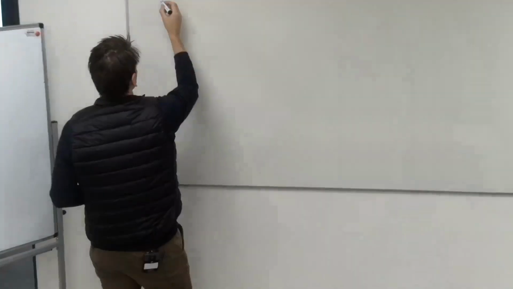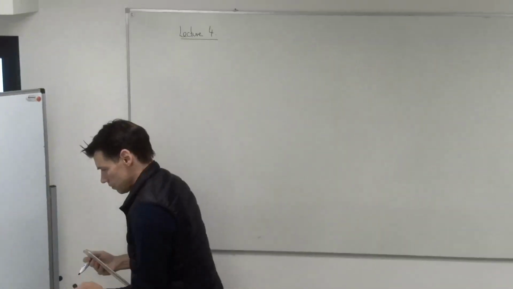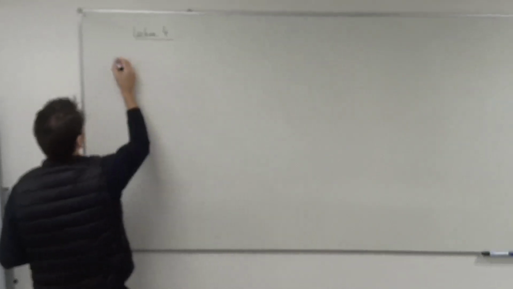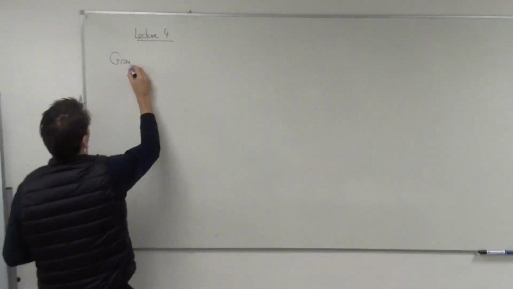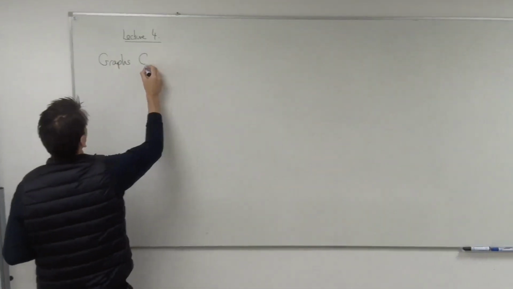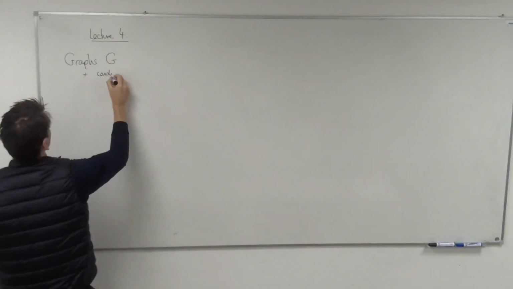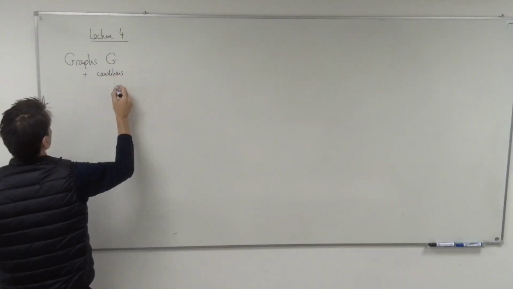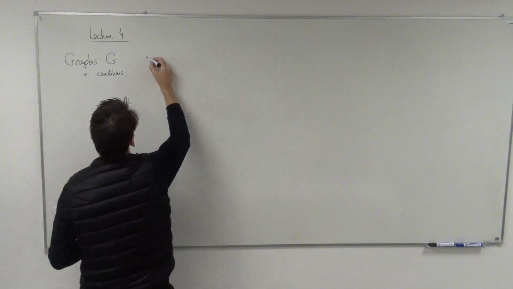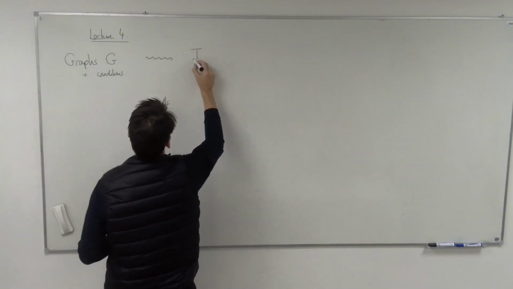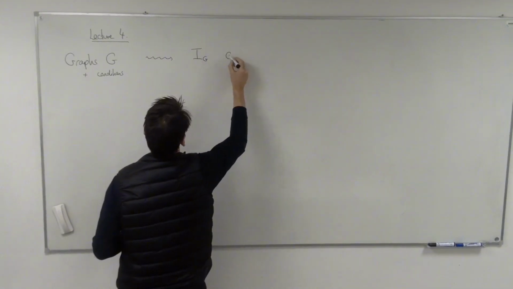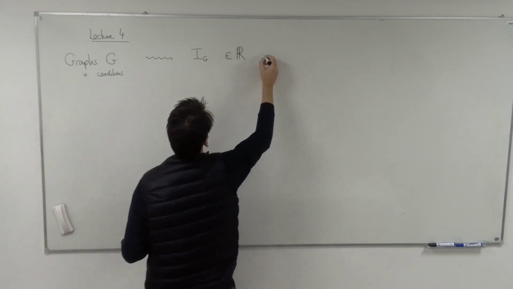Okay, so last time, we looked at graphs plus some conditions on the graphs. And we associated to graphs numbers, the real numbers.